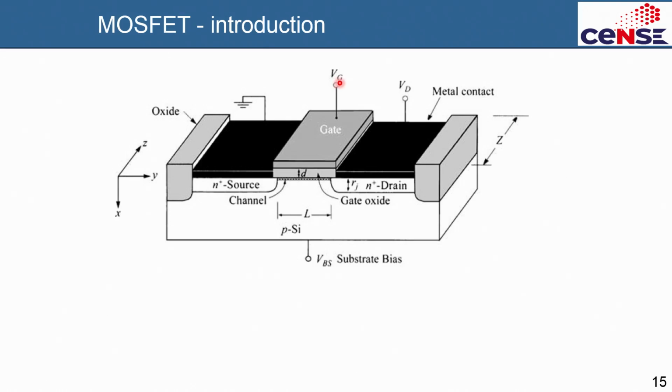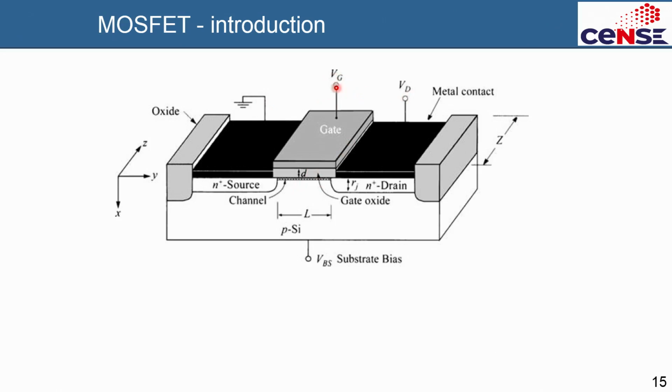If you apply a gate voltage higher than the threshold voltage, then the strong inversion will occur and the channel will come back, and you will have a current between the source and drain. The moment you turn off the channel by applying a lower gate voltage, the channel vanishes and the source and drain current also vanishes. So that's why this is called a transistor, where the voltage difference between 2 points is not able to control the current so much.